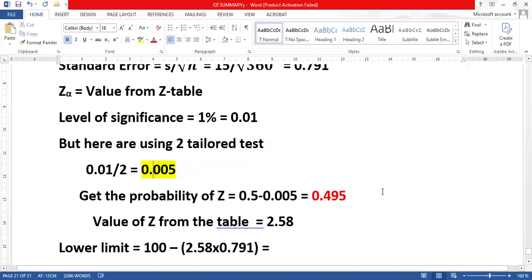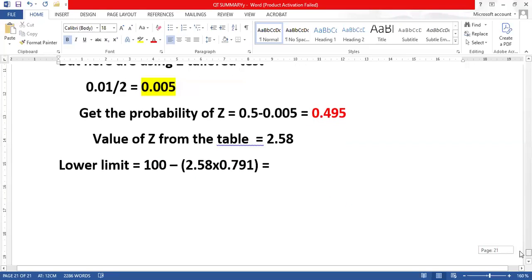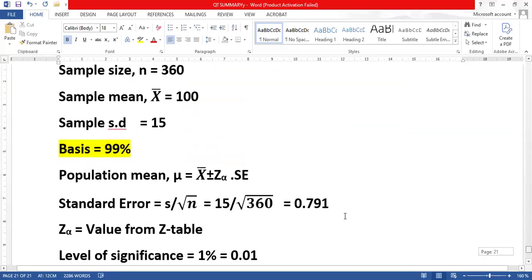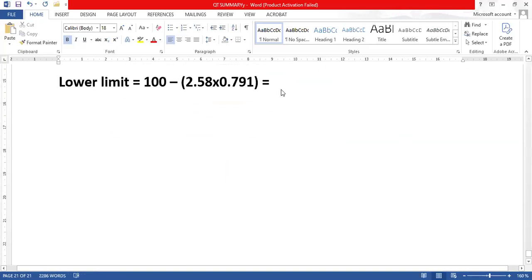You get it? So for you, simply know that that is just the value of Z from the table. So this alpha should not confuse you. It is just the value of Z from the table. What do you get?